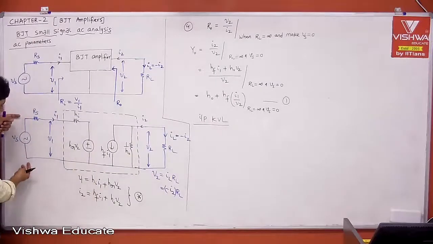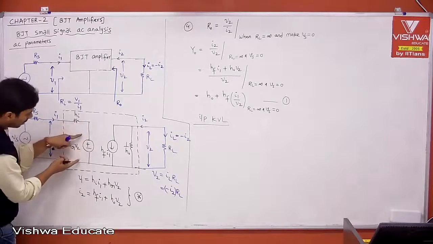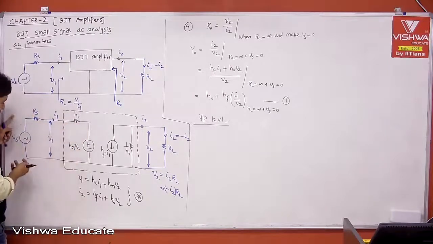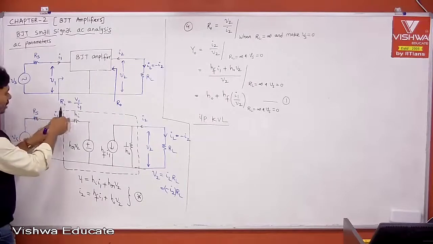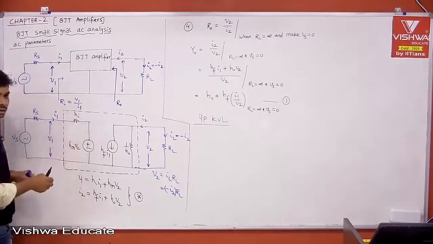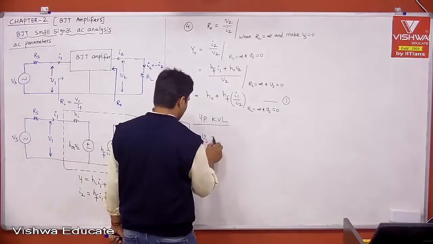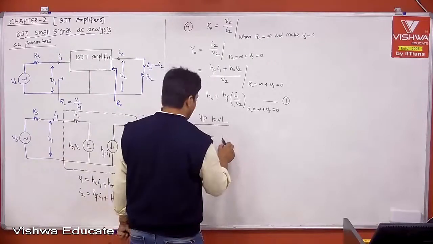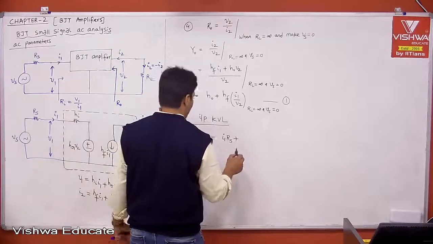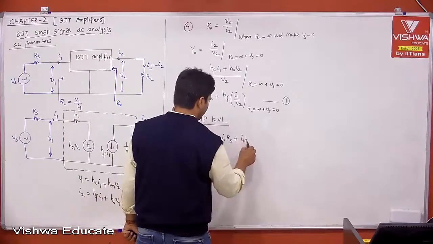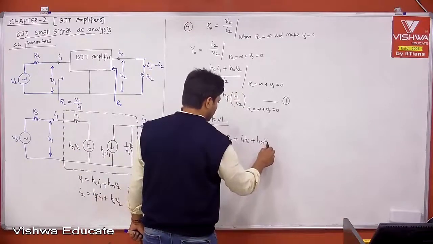Vs is equal to drop across Rs plus drop across Hi plus drop across the voltage source we have. Therefore, Vs is equal to I1 into Rs plus I1 into Hi plus Hr into V2, right?